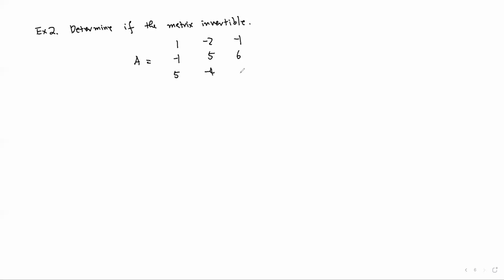Okay, now the second example. Example number 2. Determine if the following matrix is invertible. The matrix is 1, -2, -1, -1, 5, 6, 5, -4. Now here, not 5, but 4.